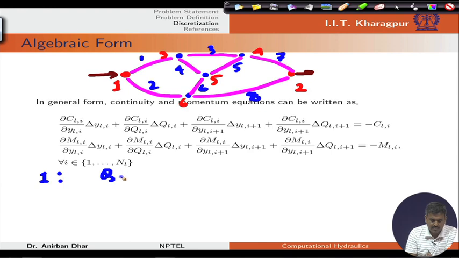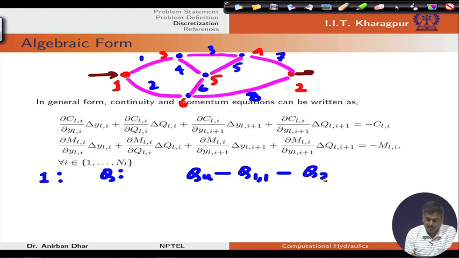For discharge or continuity, this QU amount we are adding, and Q1 1, this is being extracted from the system, minus Q2 1, this should be equal to 0.